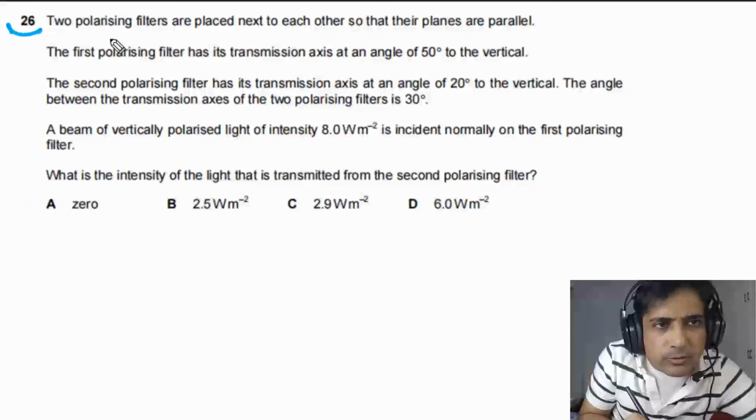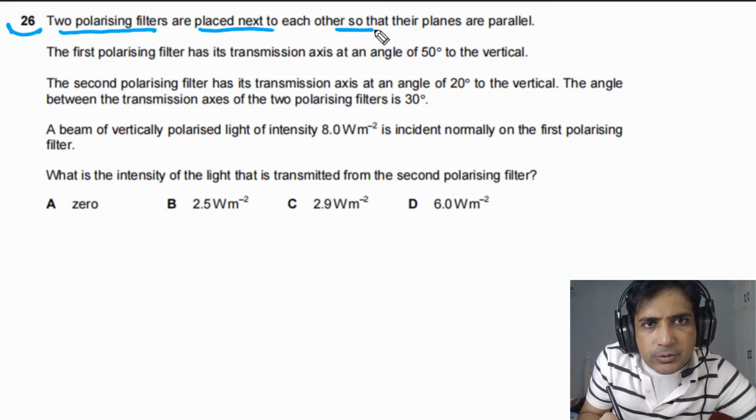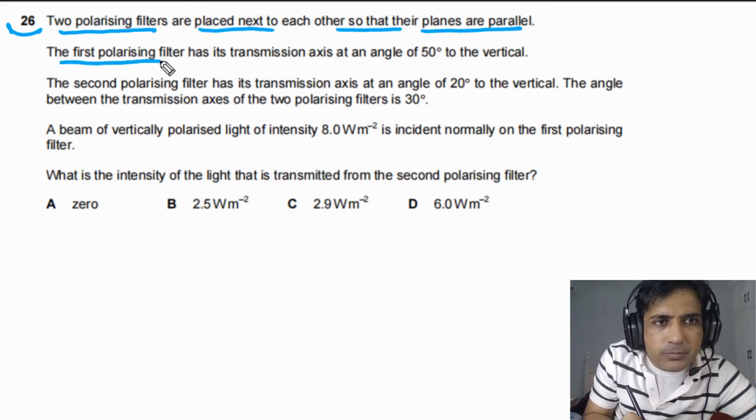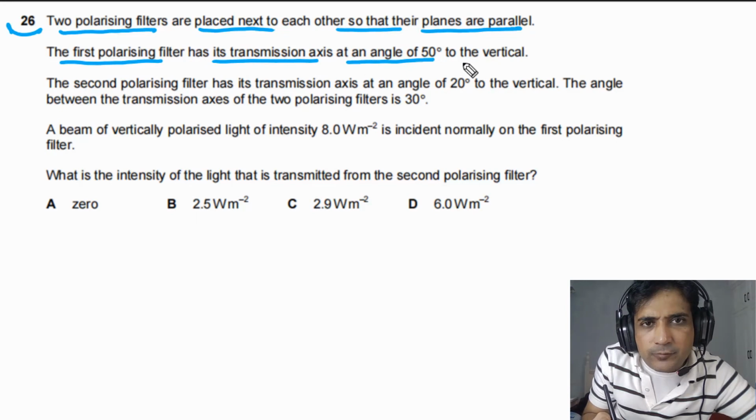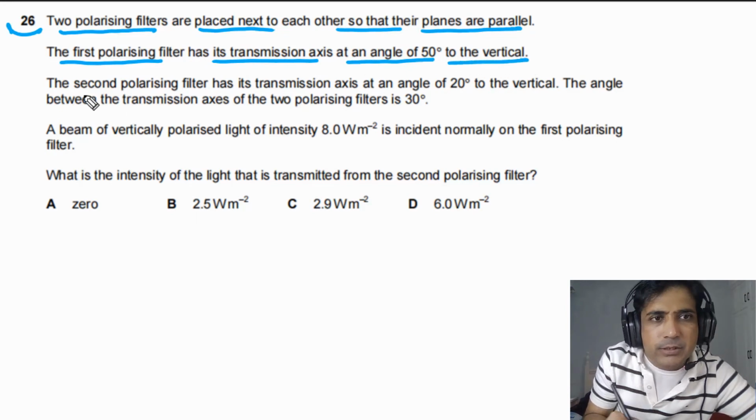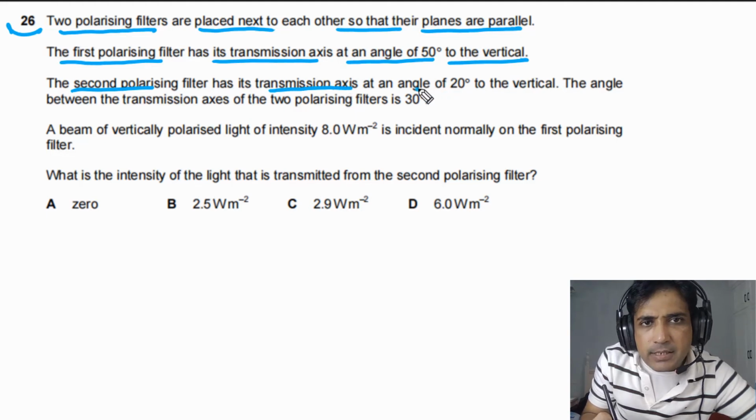For question number 26, it is given to us two polarizing filters are placed next to each other so that their planes are parallel. The first polarizing filter has its transmission axis at an angle of 50 degrees to the vertical. The second polarizing filter has its transmission axis at an angle of 20 degrees to the vertical.